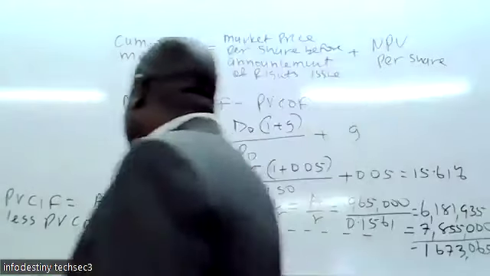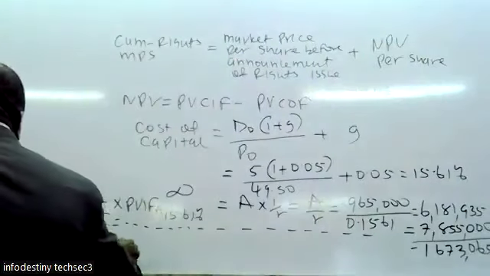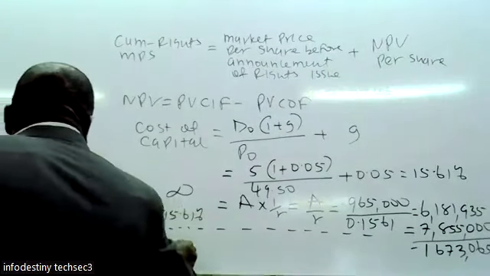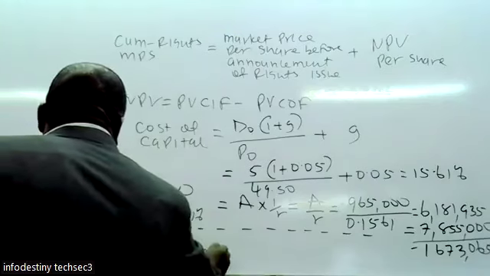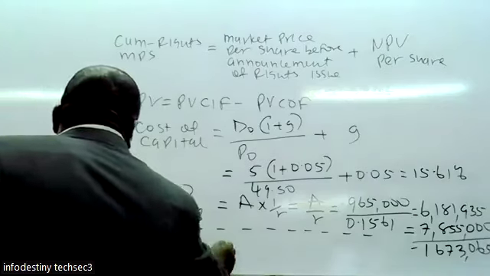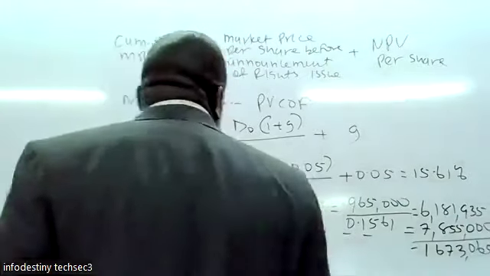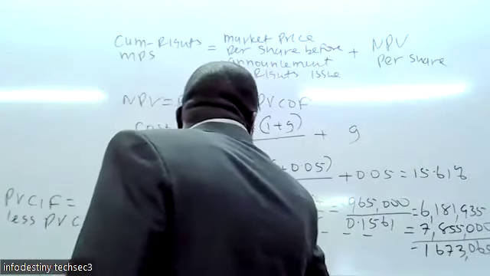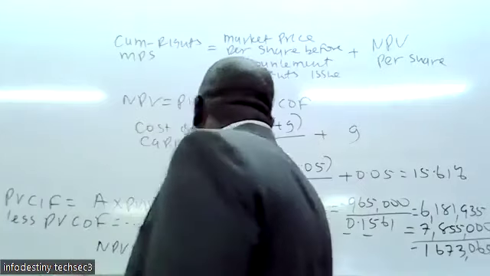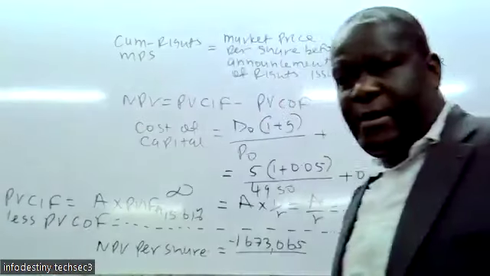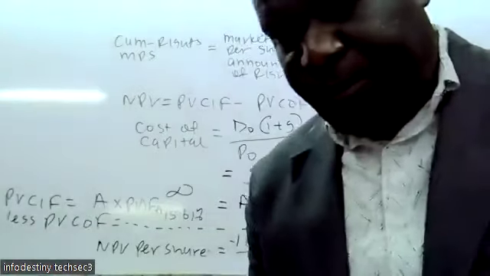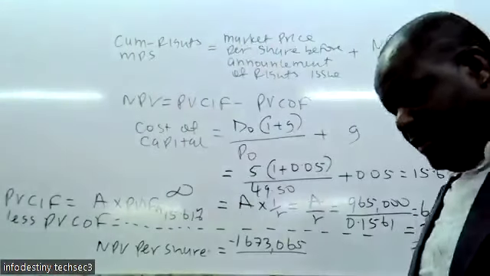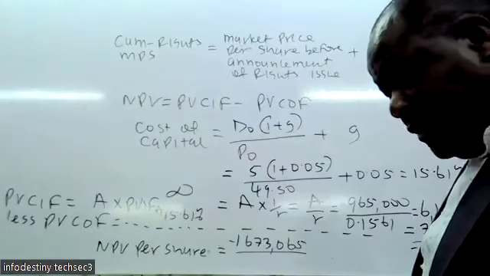To get the NPV per share, we divide by the number of the ordinary shares.